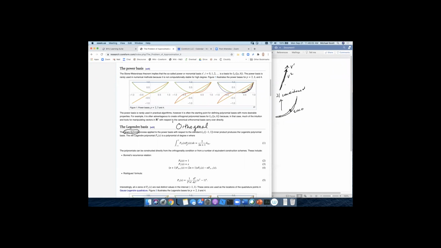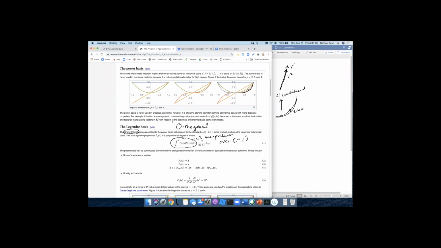And the properties of the inner product will dictate the structure of the resulting orthogonal bases. So the Legendre basis is the basis that comes from applying Gram-Schmidt to the power basis with respect to a standard L2 inner product over the domain -1 to 1.